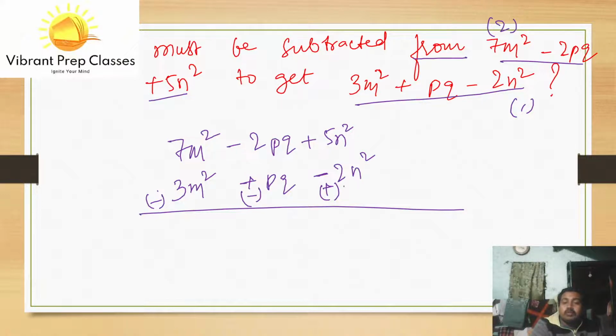So plus 5 and plus 2 will become plus 7n square, minus 2 and minus 1 is minus 3pq, and plus 7 and minus 3 will be 4n square.